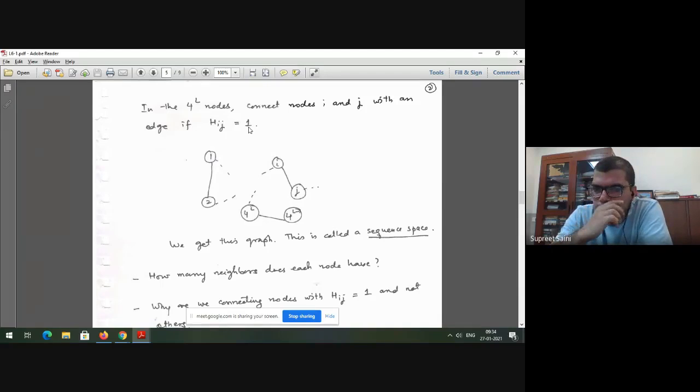The reason for that is that if I have a bacterium which has the sequence which corresponds to node 1, then when this bacterium divides, 999 times out of 1,000, the sequence of the progeny is going to be the same as the sequence corresponding to node 1.